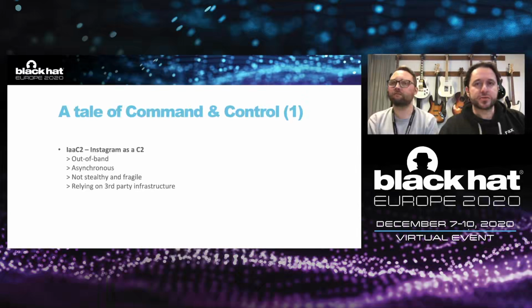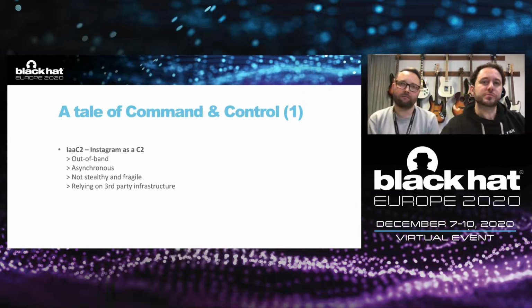Then our next goal was to replace the Instagram component, since it was not stealthy, and we wanted to avoid relying on a third party beyond our own control. In addition, we also wanted to create a synchronous C2. So we continued pursuing an in-band alternative of establishing end-to-end communication between the agent and the command and control server.